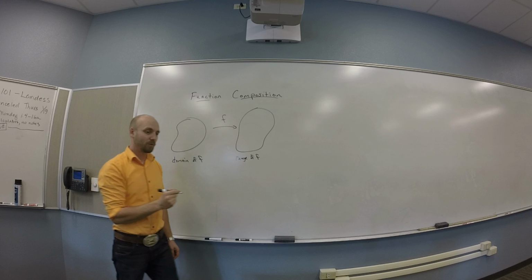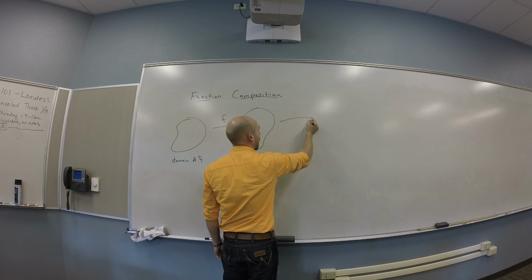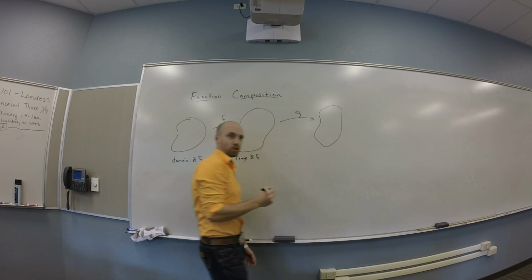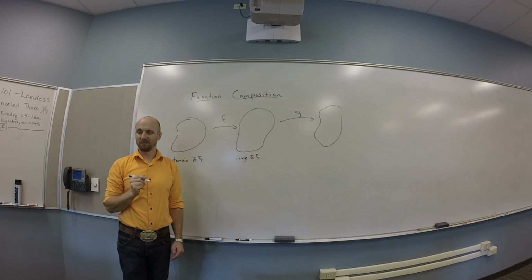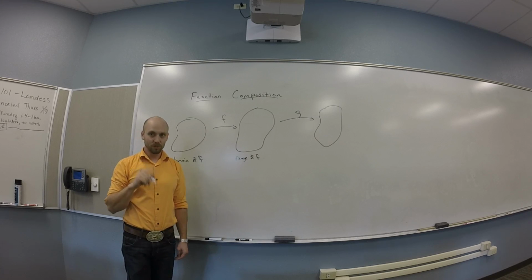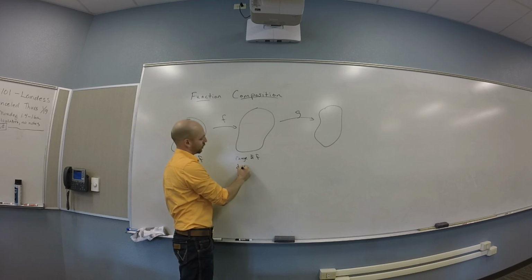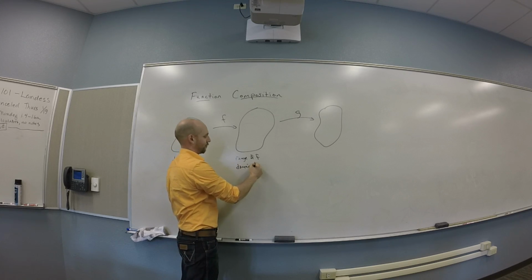Then if all is good with the world, I might be able to do something like this. I'm going to do some function g afterwards. You guys cool with that? To make this work, right, the range of f and the domain of g have to sort of match.